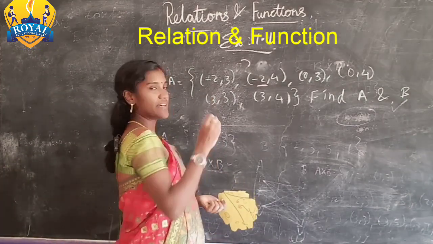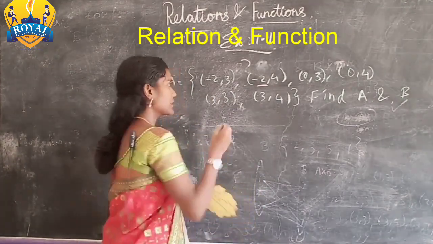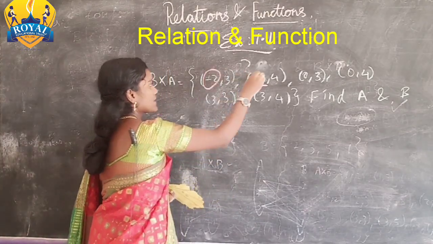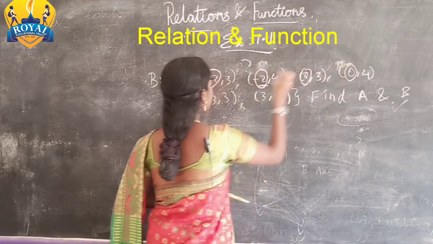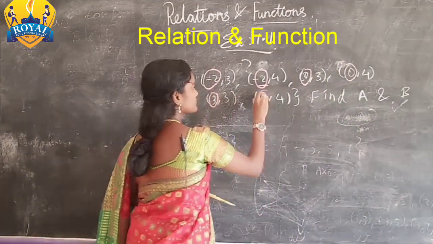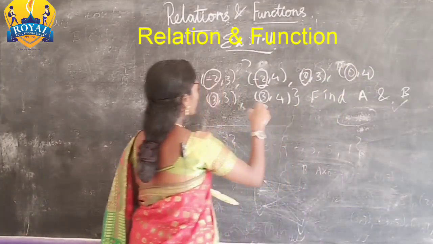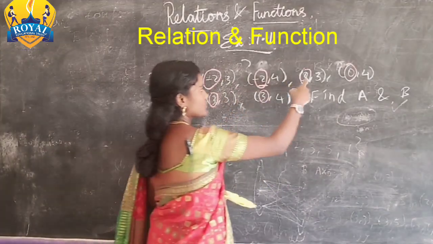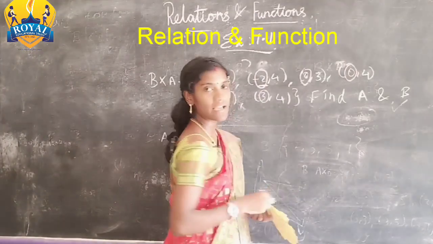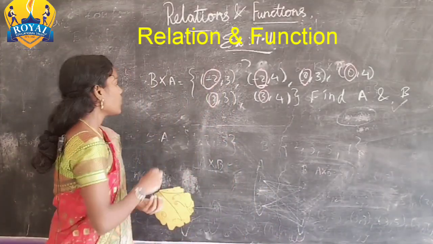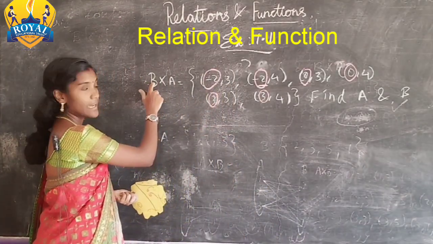I will mark the first numbers in pink color. Okay, -2, 0, 3 are the first coordinates. What is the set here?